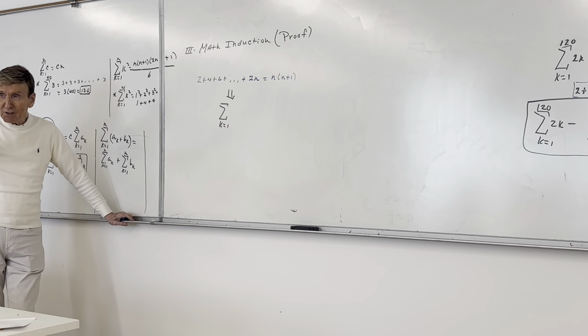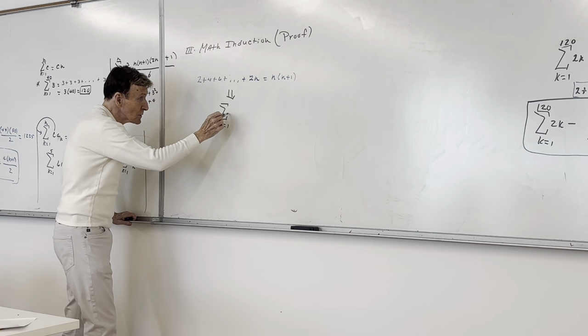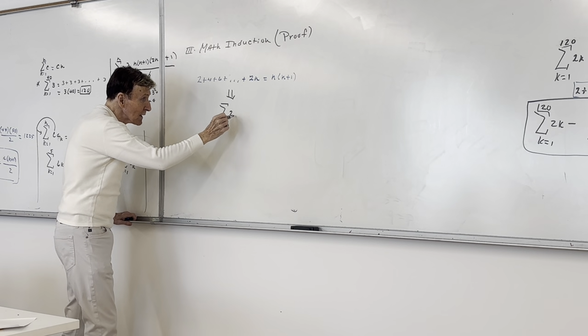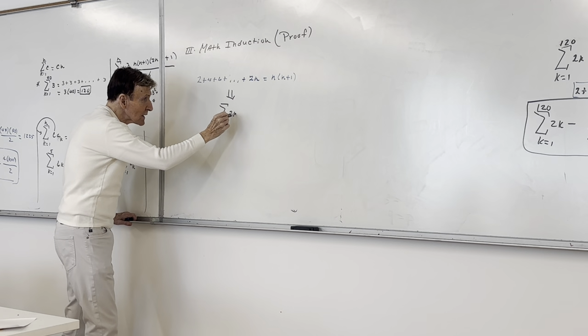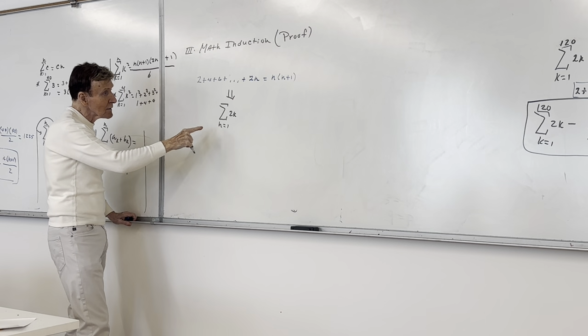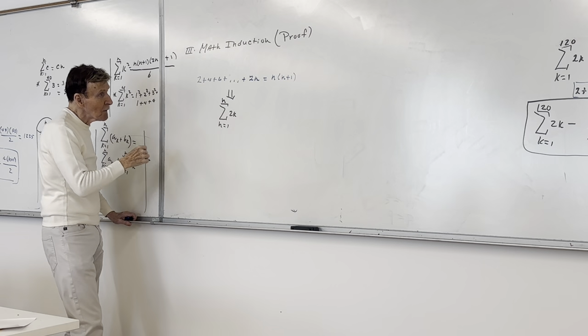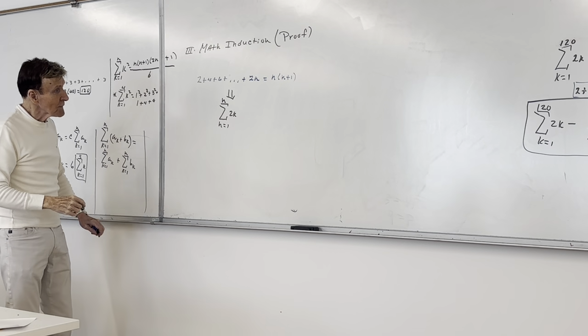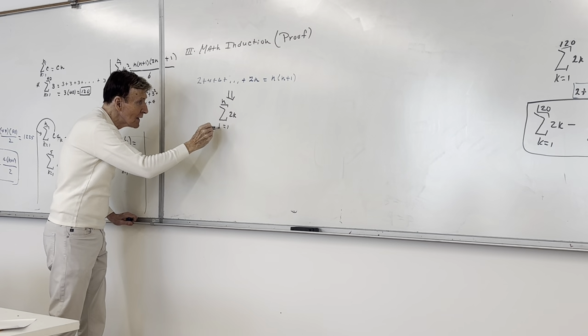What would the left-hand side look like, the best you can, in summation notation? 2k, from k equals 1 up to n. Okay, let's use k equals 1, like that.